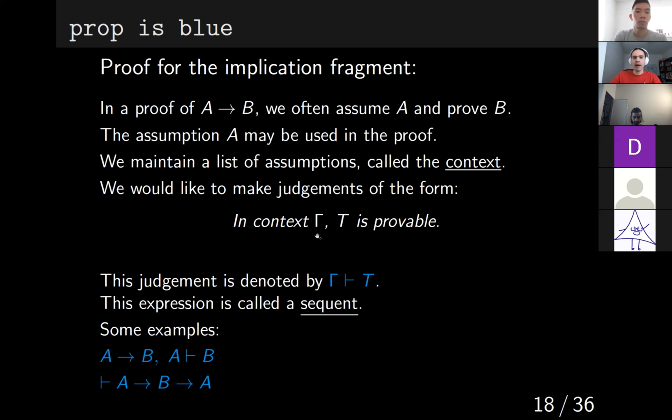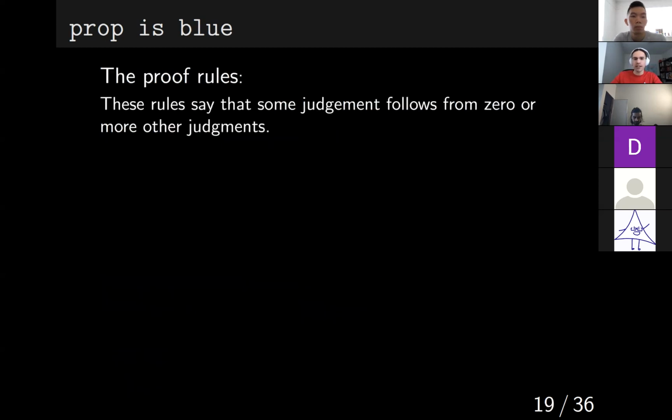Now, gamma is just a metavariable standing for any context, so it can be several assumptions. If I want to add another assumption to that context, I do so by adding a comma. Gamma comma T just means any context in which T has been assumed.